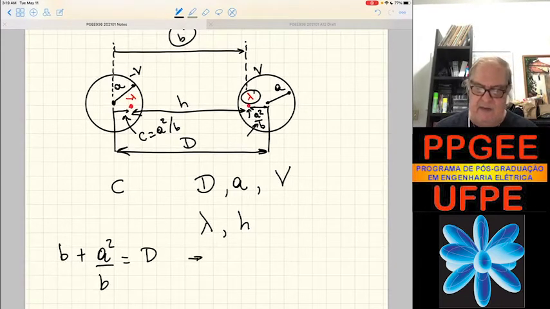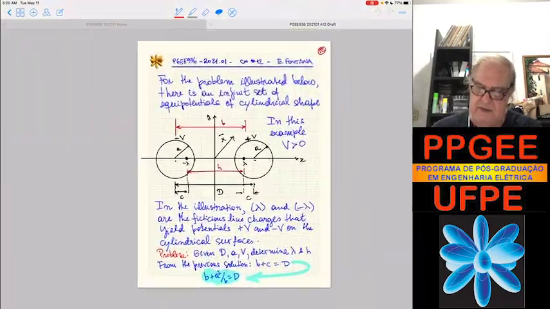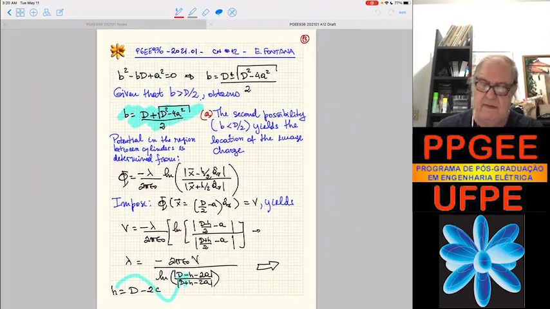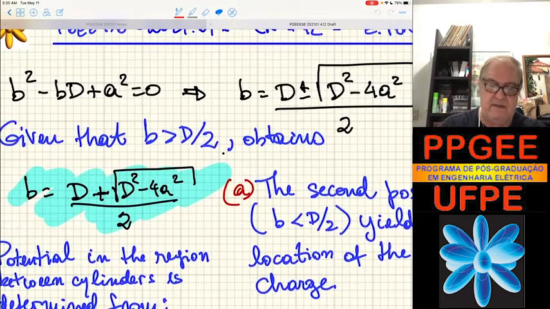This gives me an equation, B squared minus D times B plus A squared equals 0. It's a second degree equation. I can determine B. Here's the solution. The solution that makes sense is this one here.